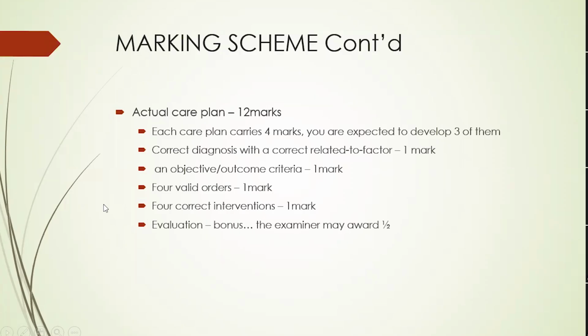Then we get 1 mark for that diagnosis. But when your diagnosis is correct and your related factor is wrong, you are getting half mark for that. Are we together?